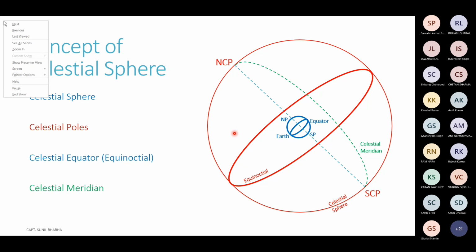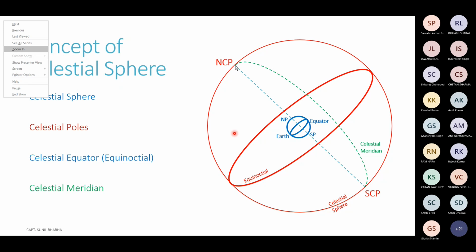Okay, beta. Both GHA and SHA are measured as an angle at the pole. So you see the pole here, the north celestial pole or the south celestial pole, any one of them. Both the GHA and SHA are measured as an angle at the pole.